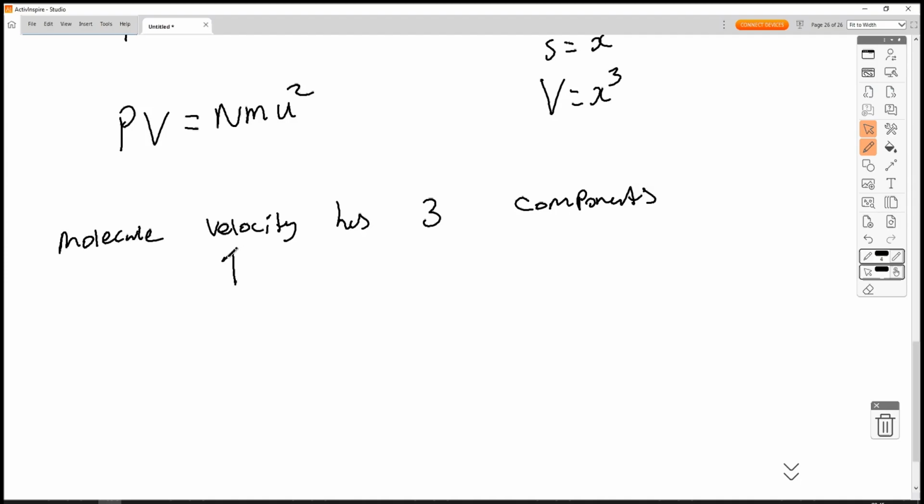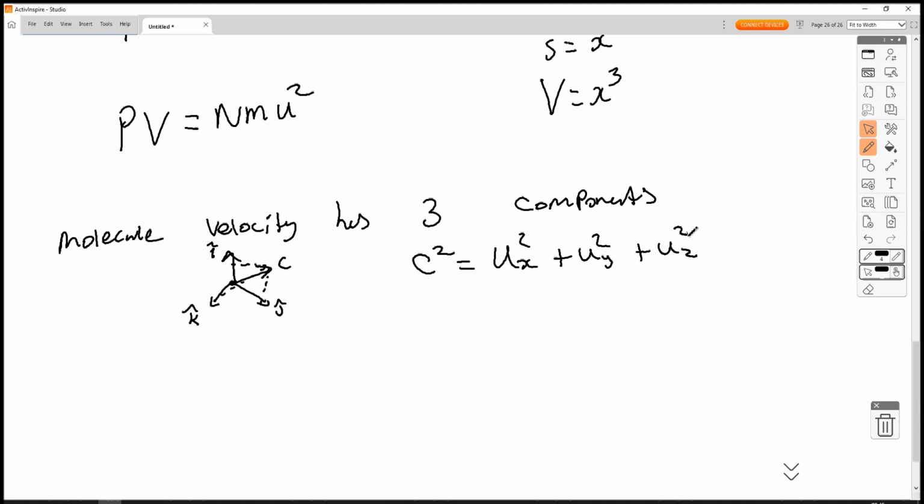If we imagine the molecule living on an axis, where we've got the i, j, and k directions, or the x, y, and z directions, and its velocity is represented by some vector arrow, which we call c, then that vector arrow has some x component, some y component, and some z component in 3 dimensions. So c squared is equal to u_x squared plus u_y squared plus u_z squared.